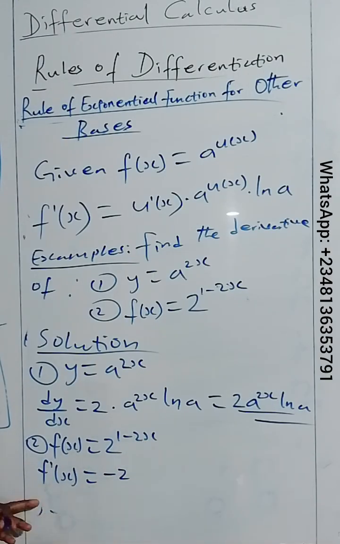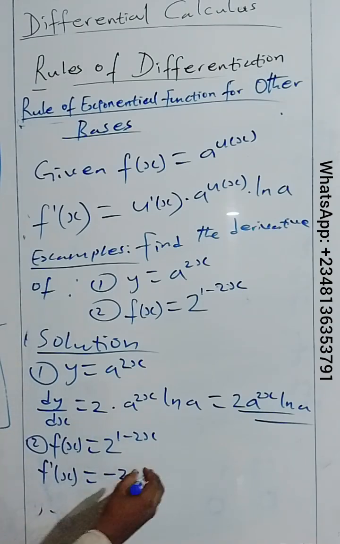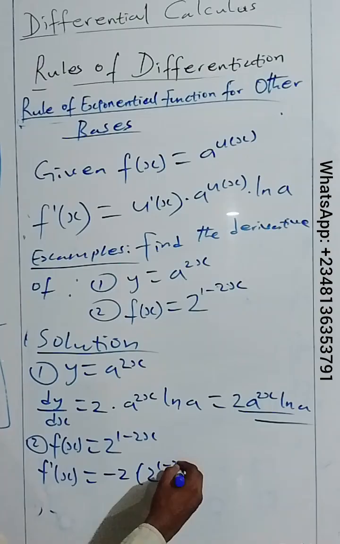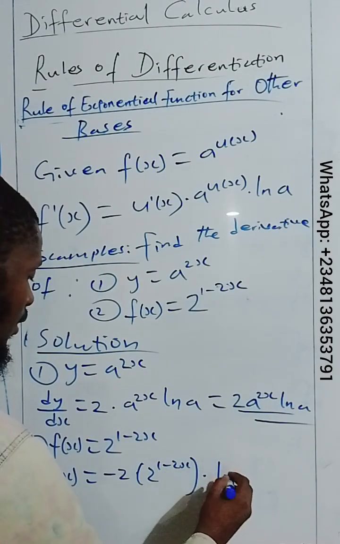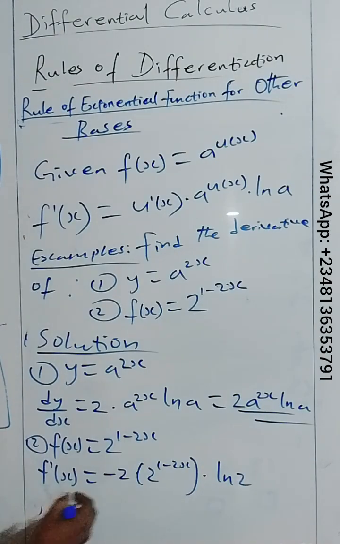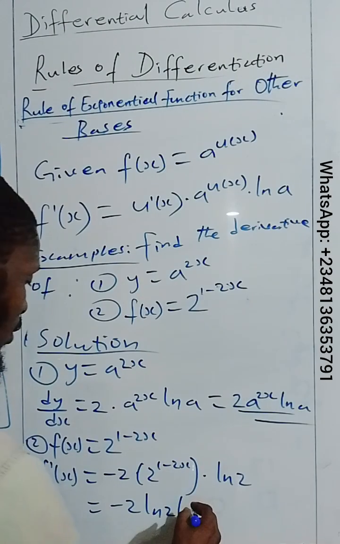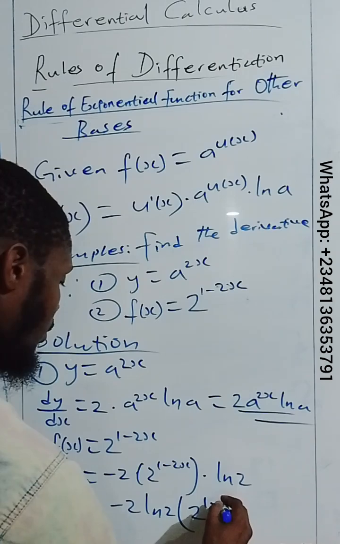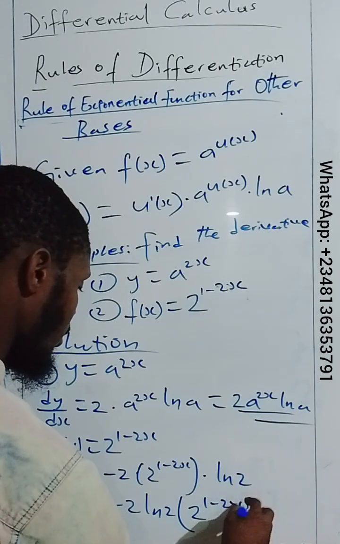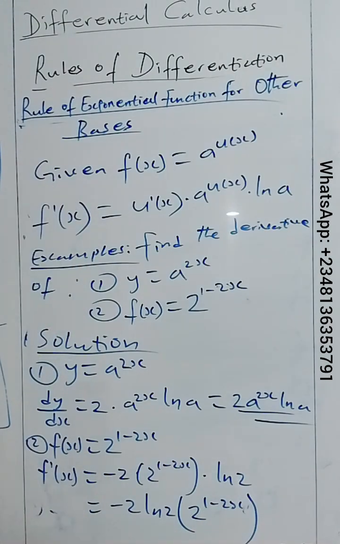Then multiply by the original function, which is 2 raised to the power 1 minus 2x, then multiply by ln 2. So in other words, we have minus 2 ln 2 times 2 raised to the power 1 minus 2x. That is the answer here.